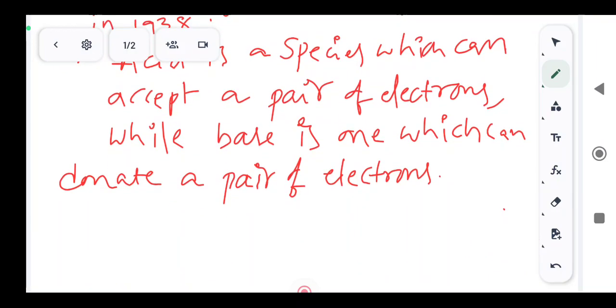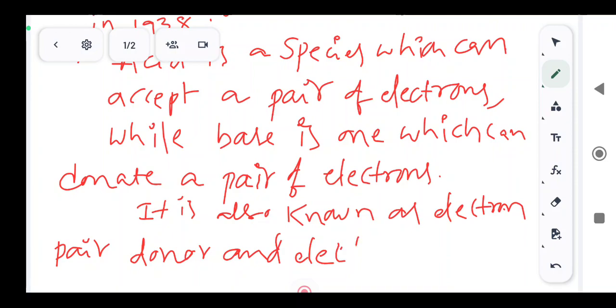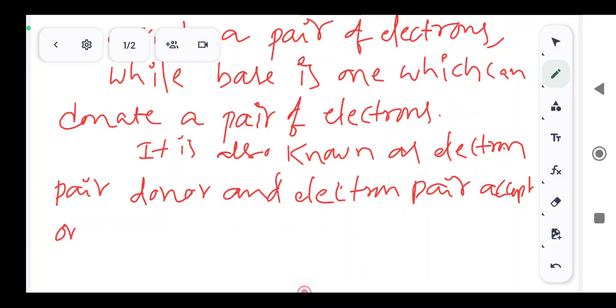So it is also known as the electron pair donor and electron pair acceptor theory.